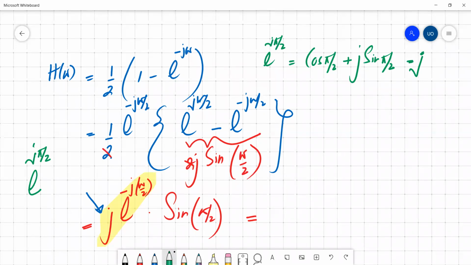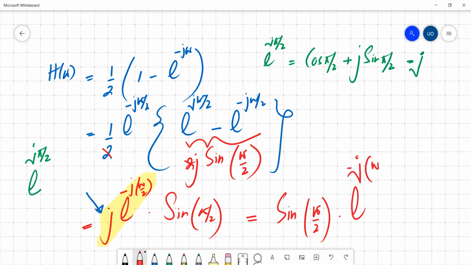So now this becomes sine omega over 2 times e to the power j (pi by 2 minus omega over 2). I'll just absorb this j term here and add in this pi by 2 term.